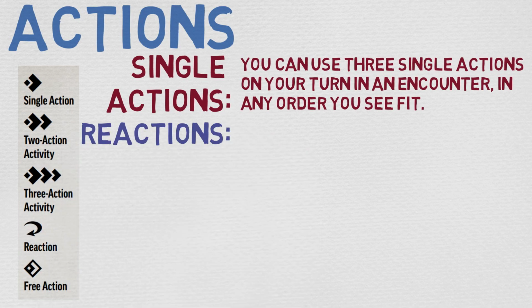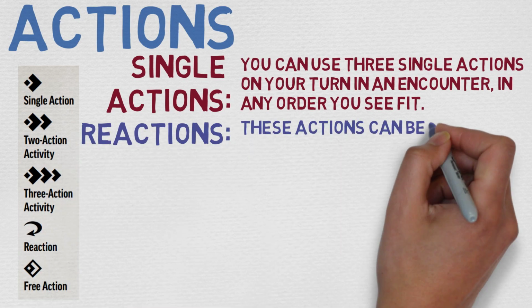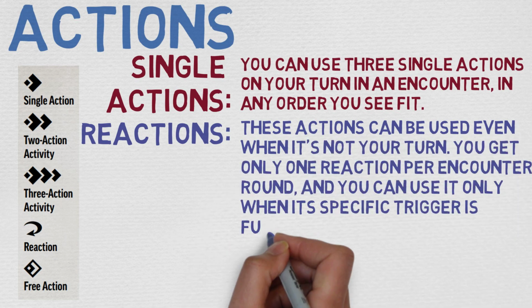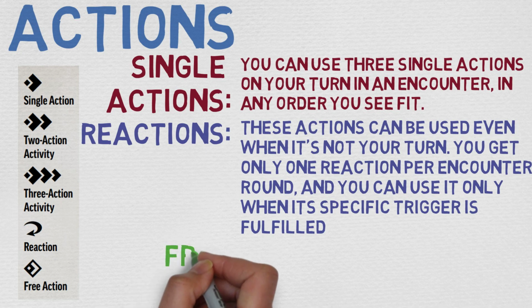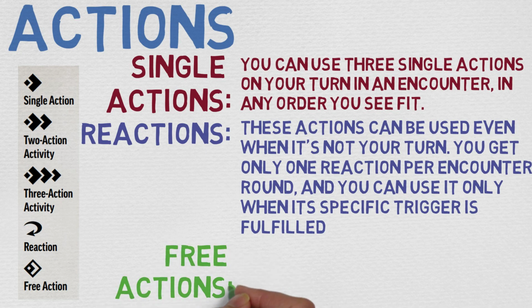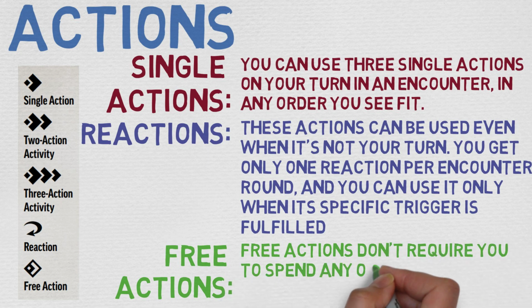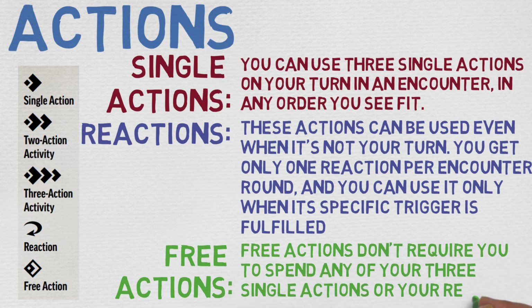When you're looking at actions, there's three main types, and then their corresponding five symbols, and three of the symbols are obviously connected. The first being single actions. You can use three single actions on your turn in an encounter in any order you see fit, which is pretty cool.